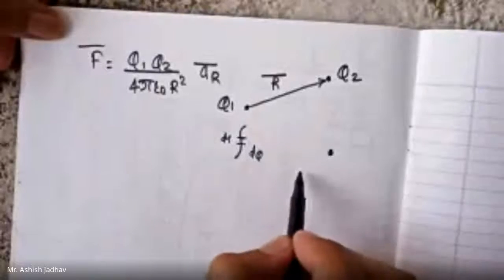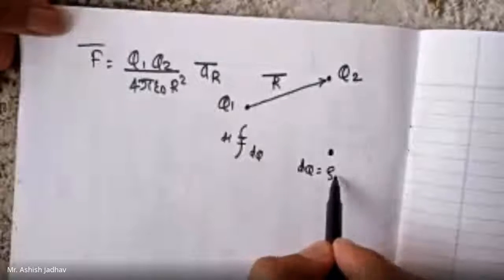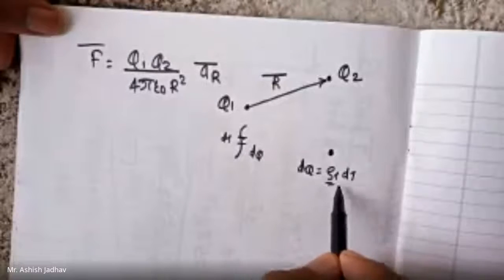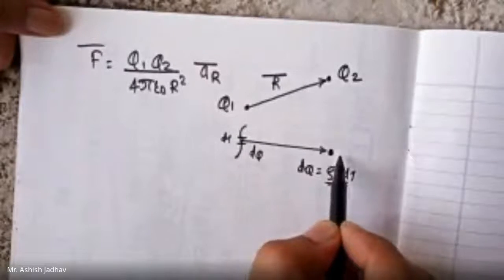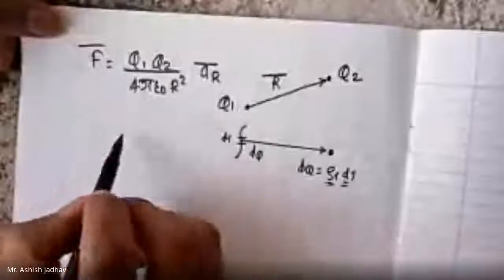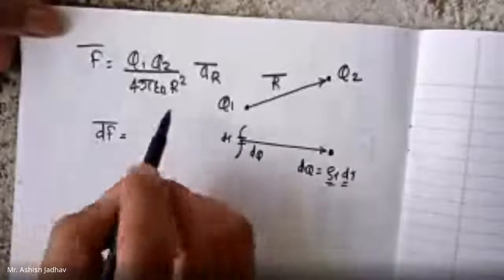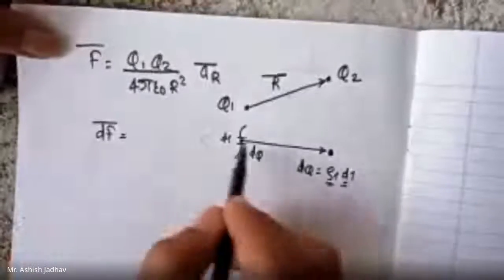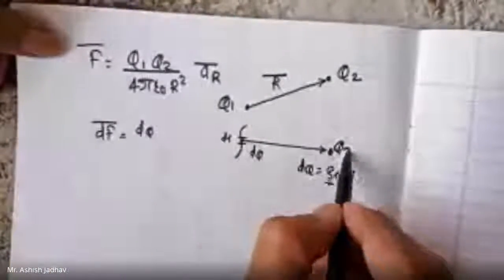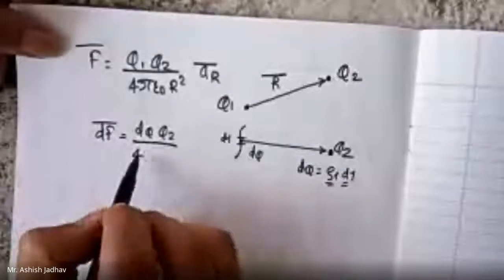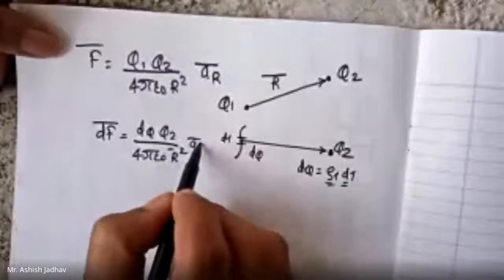In that case, dq is equal to rho L dl, density into length. Then we can calculate the force acting on this point. The formula is differential force dF bar is equal to dq Q2 upon 4 pi epsilon naught R square a bar R.